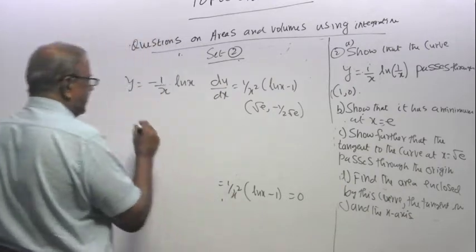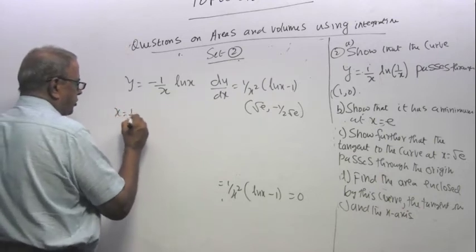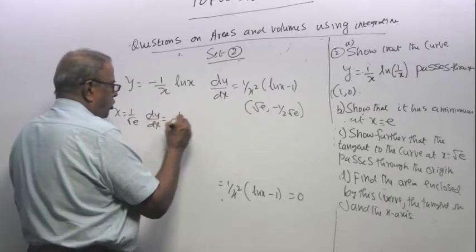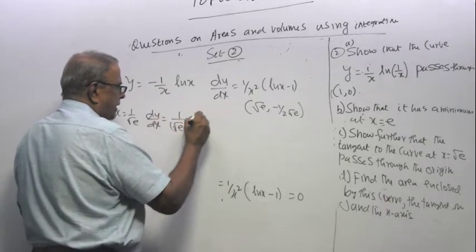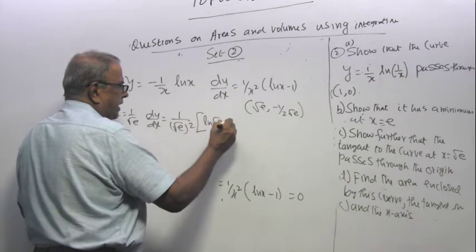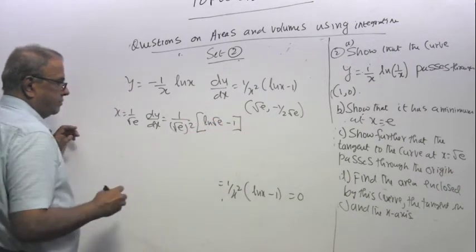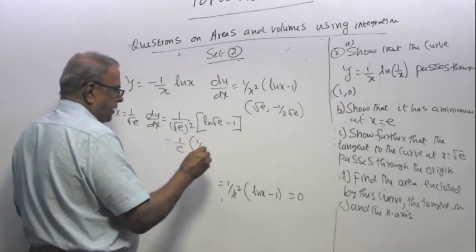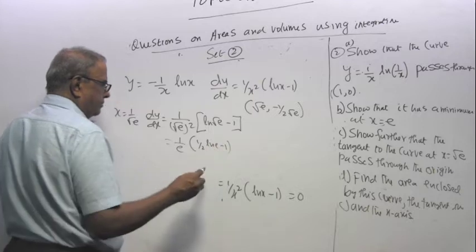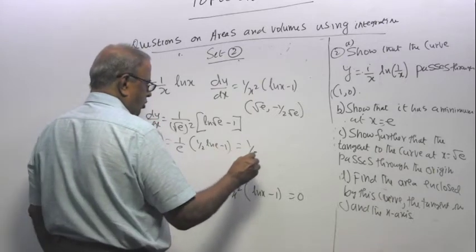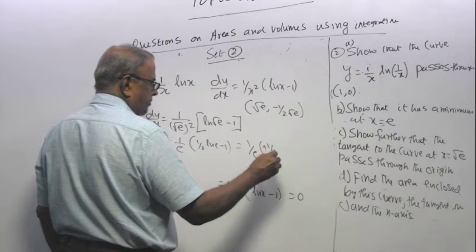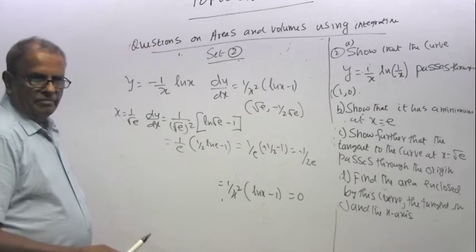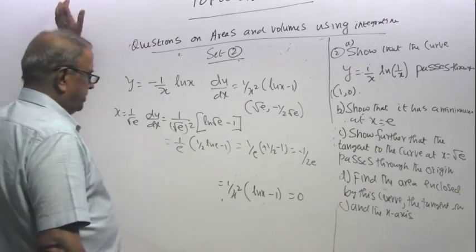Now, what's the gradient? x equal to root e, dy by dx equal to 1 over root e the whole squared, times ln root e minus 1. That is 1 over e times half ln e minus 1, which is 1 over e times half minus 1, which is minus 1 over 2e. Am I correct?